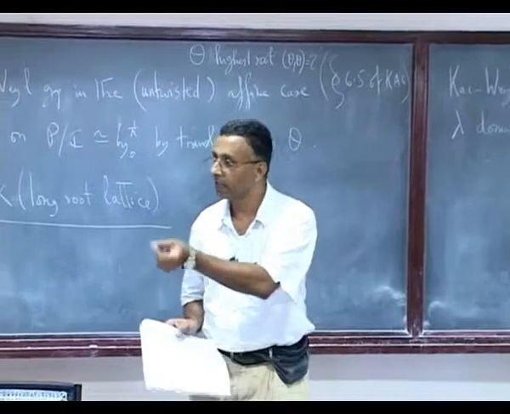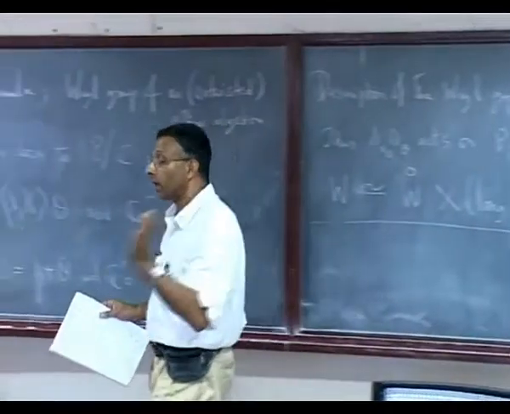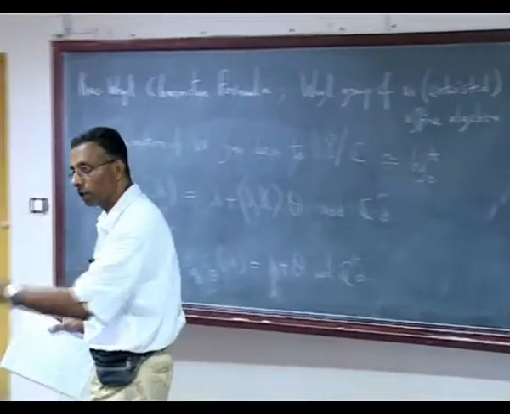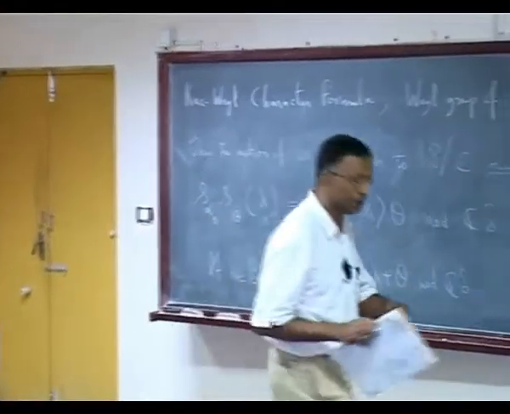If it has a highest weight vector and is irreducible, it has to be a quotient of that Verma module, and there is no other way.